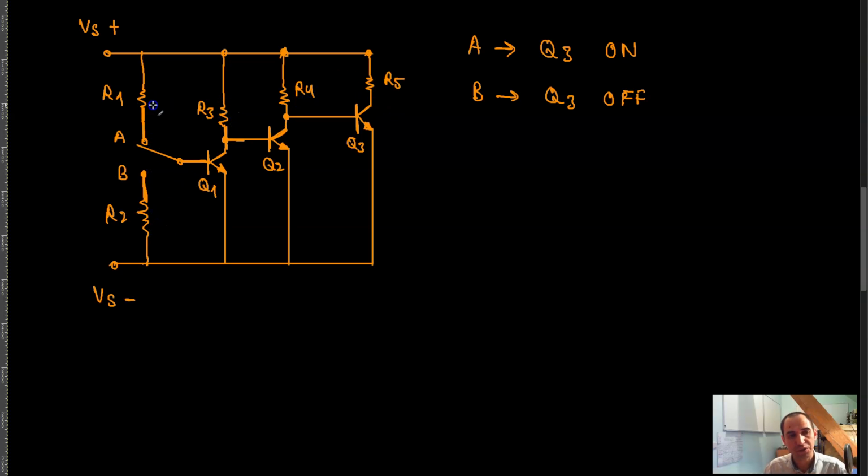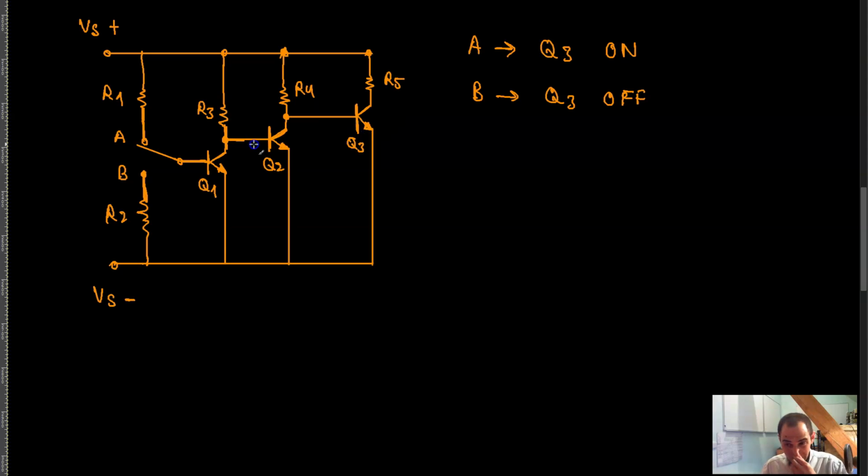For example, R1 has to be chosen in such a way that there is enough base current for Q1, so that there is enough collector current for Q1 and the transistor gets saturated. And the same goes for the other two transistors as well.